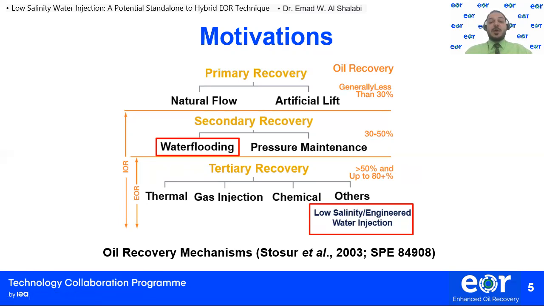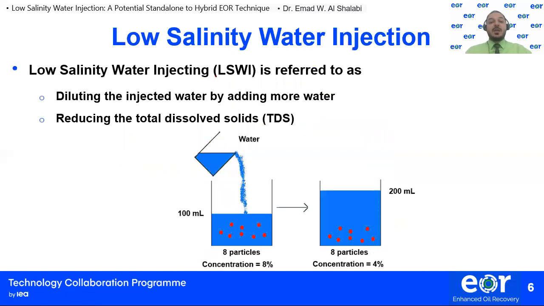So let me talk about the difference between these two terms, low salinity or engineered water injection. Starting with low salinity water injection, we usually refer to this as diluting the injected water. So we keep the amount of solute constant in here and we add more of the solvent. And this results in a reduction in the total dissolved solids.